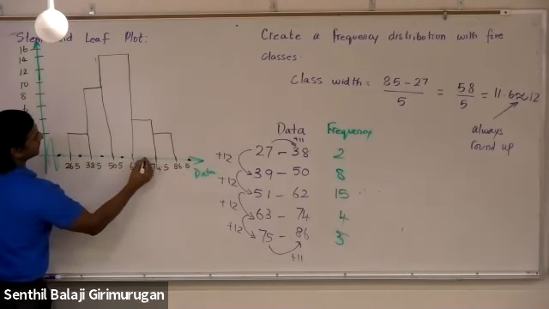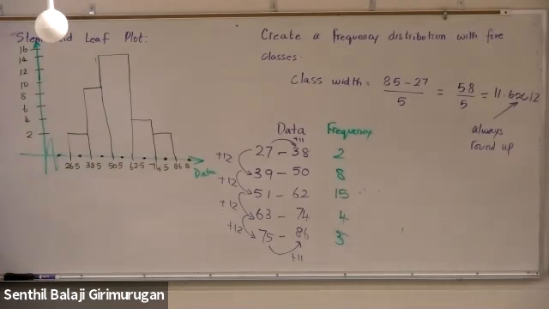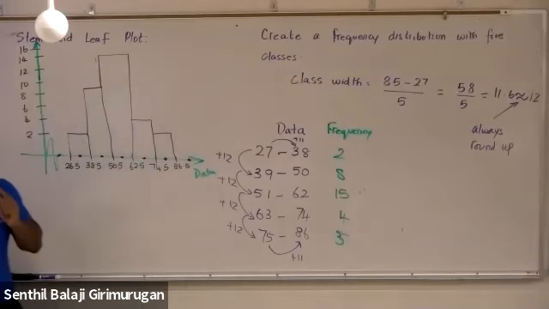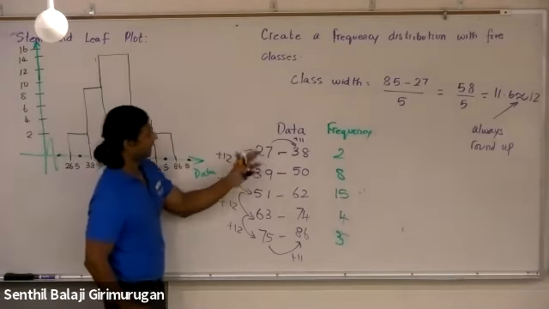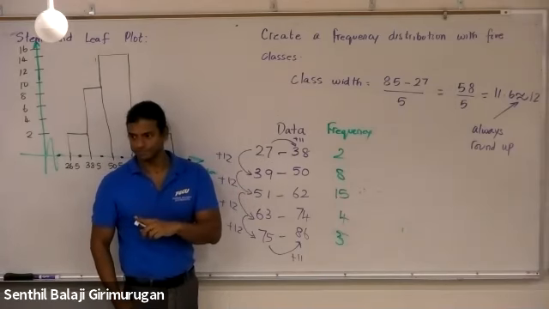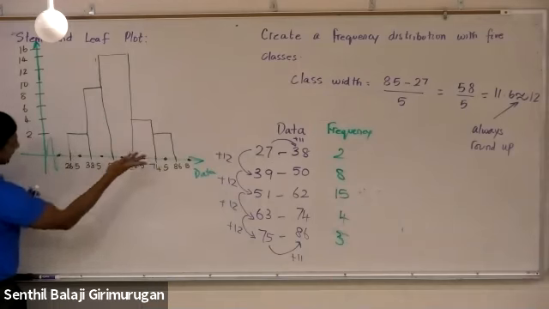We don't necessarily have to compute them in this problem, but if you have to find the midpoint, what is the midpoint of those two? 27 plus 38 divided by 2, which would be 65 divided by 2, which is 32.5. Good. But here we don't have to.